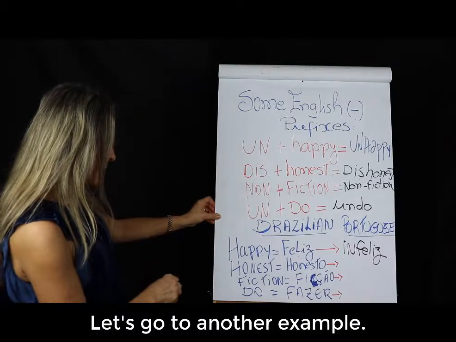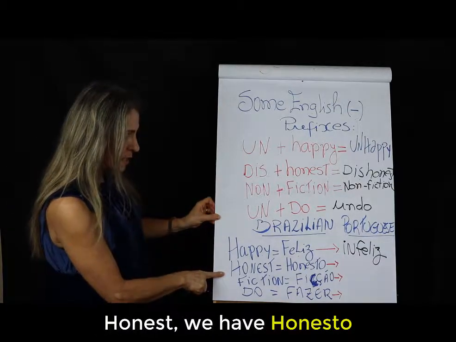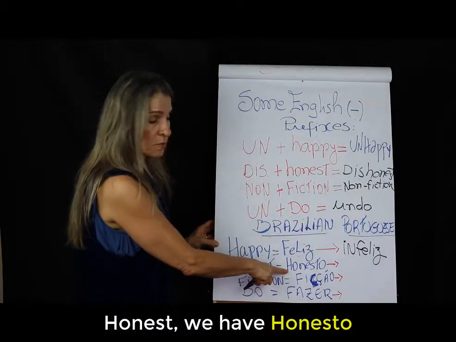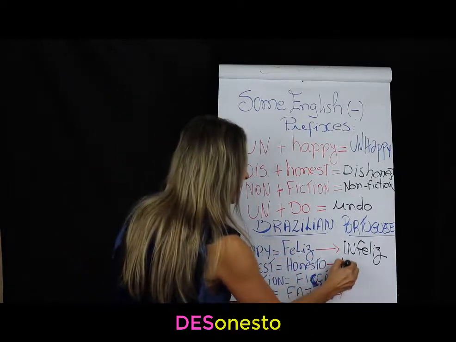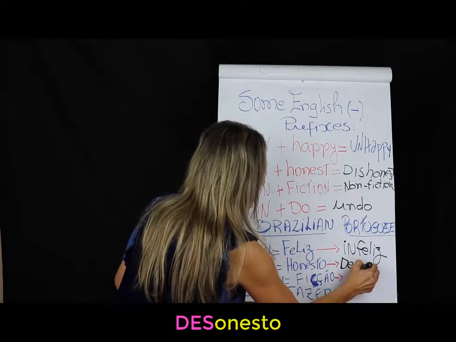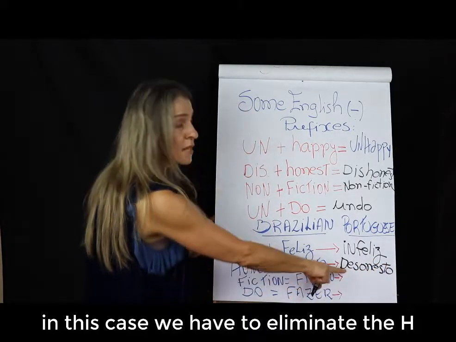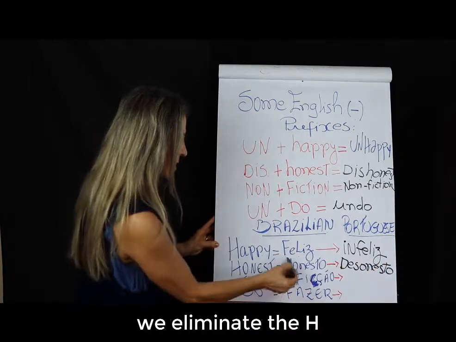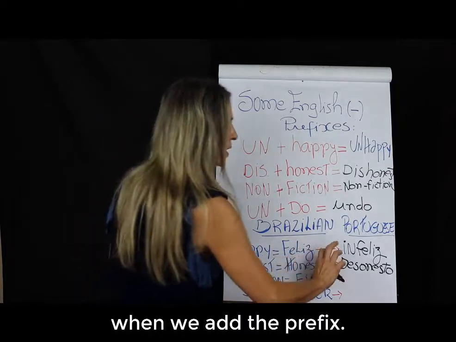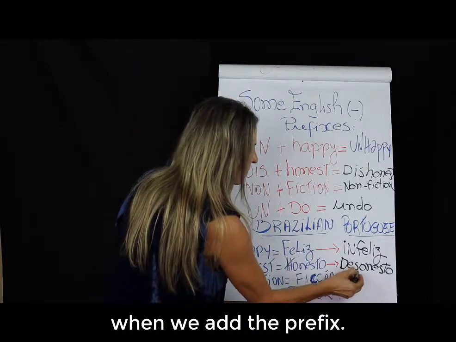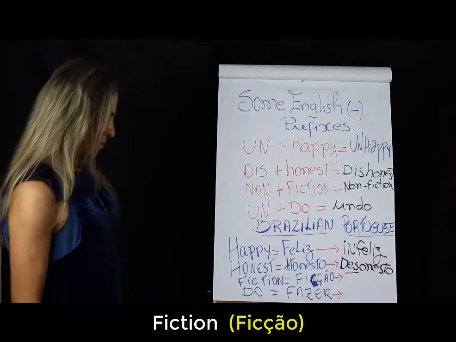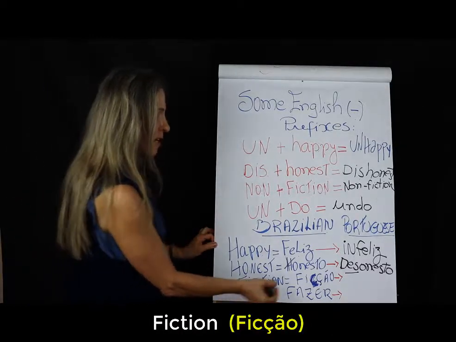Let's go to another example. Honesty, we have honesto. Now pay attention. Deshonesto. In this case, we have to eliminate the h, okay? We eliminate the h when we add the prefixes.